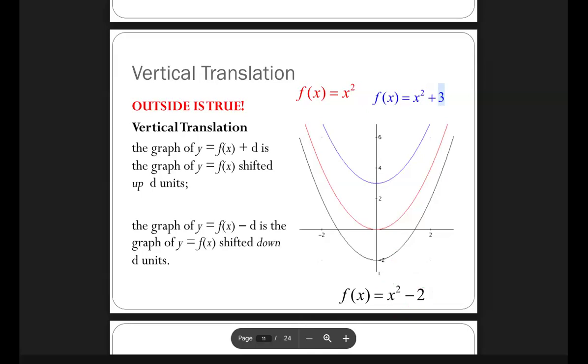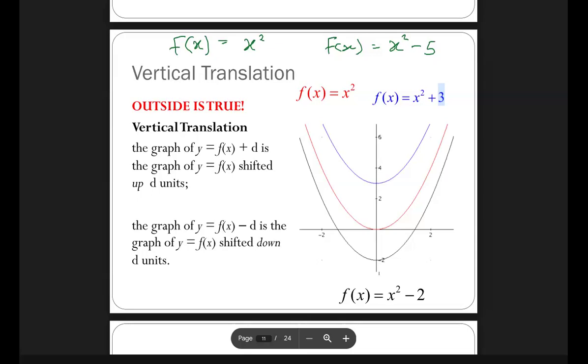So for example, now I want to ask you, if it was this before, f of x equals x squared, and now f of x equals x squared minus 5. Can you tell me the translation, please, Yusuf?